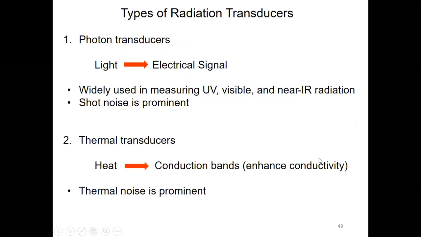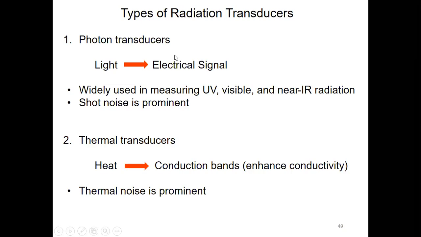Right? Then let's discuss what types of transducers are available. In any spectroscopic instrument, there are two major types of radiation transducer. The first one is the photon transducers, and the second one is the thermal transducers.